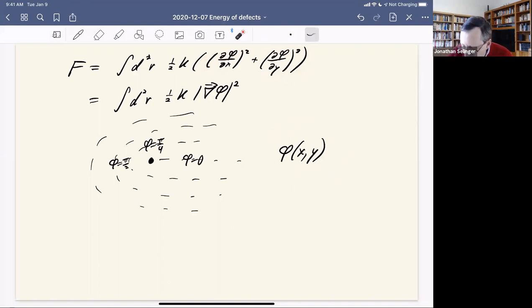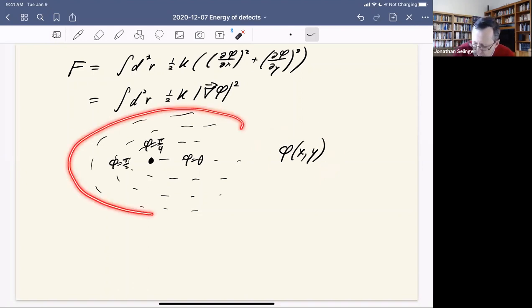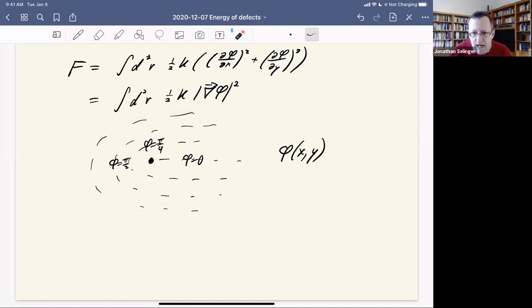We want to minimize the Frank free energy in order to find this phi function. Now, the structure that I have drawn here is for sure not the global minimum of the Frank free energy.